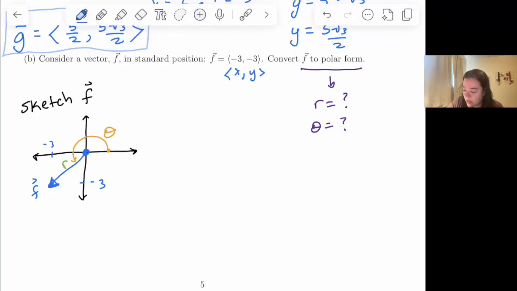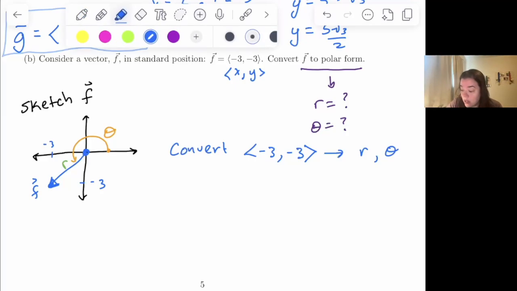So let's start our converting. We are trying to convert the vector -3, -3 over to r theta. How do we go about doing this? Well, one is thinking about your conversion factor for r, but this is nothing more than a Pythagorean theorem.